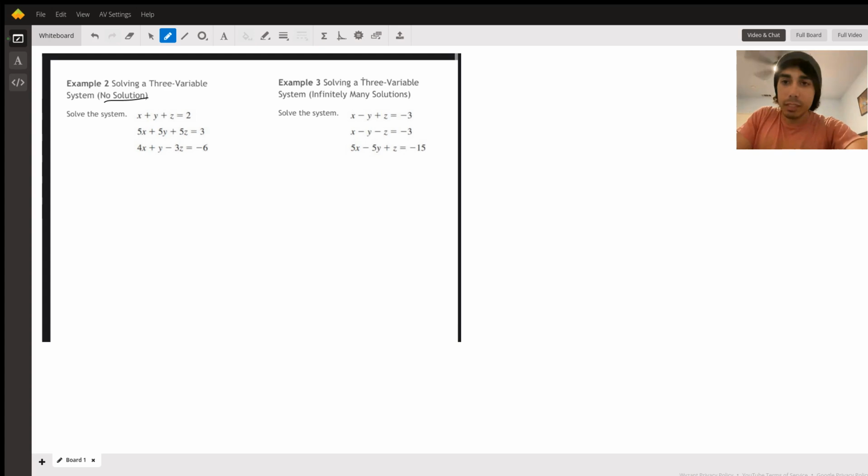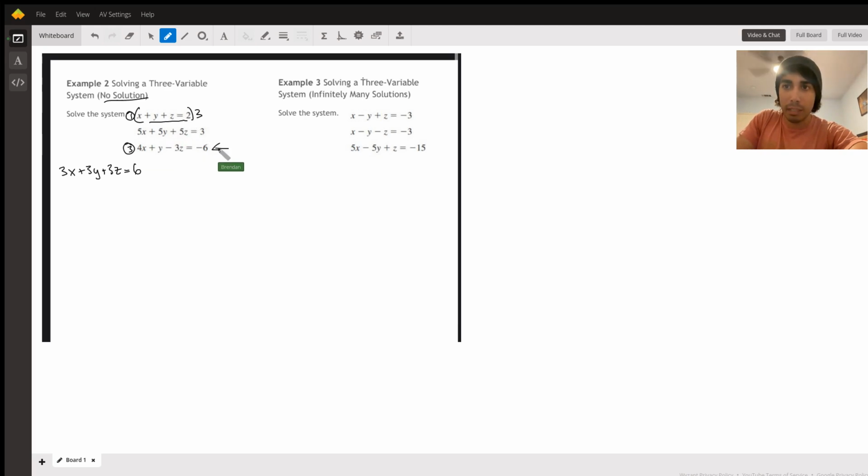So, first of all, I'm going to do it in equations 1 and 3 first. If I take equation 1 and multiply everything by 3, that's going to give me 3x plus 3y plus 3z equals 6. I multiplied everything in there by 3.